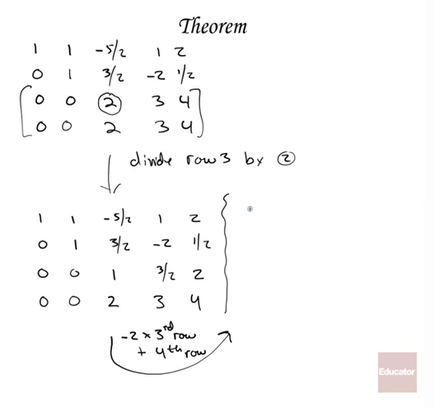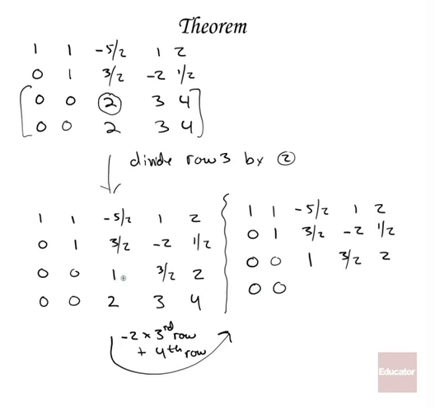And what I end up with is 1, 1, minus 5 halves, 1, 2; 0, 1, 3 halves, minus 2, 1 half; 0, 0, 1, 3 halves, 2; 0, 0, when you multiply this out.